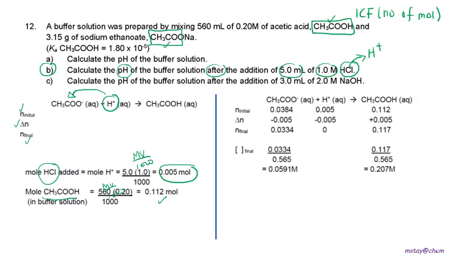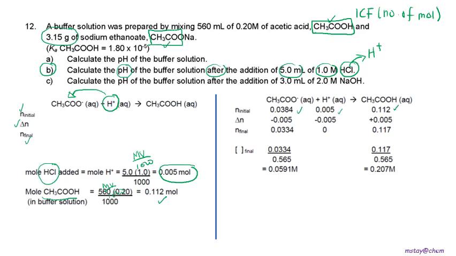Then next, with the mass given for the sodium ethanoate, we divide with the molar mass, so we get the number of mole is 0.0384. All these are considered as the initial number of mole.